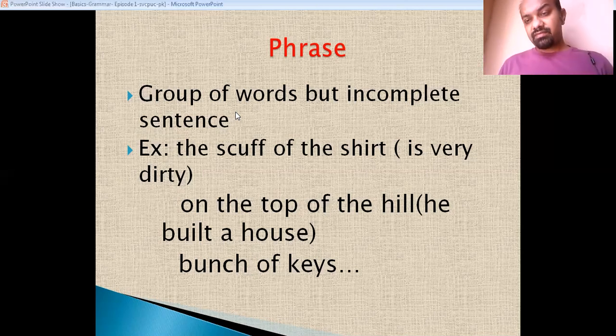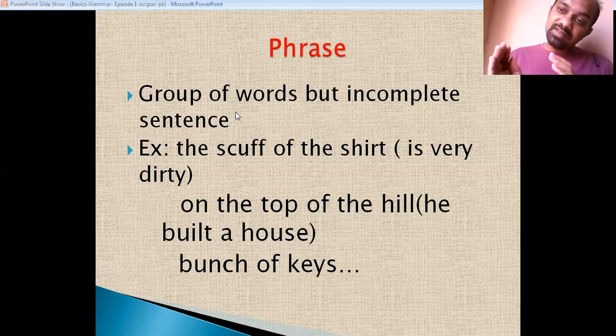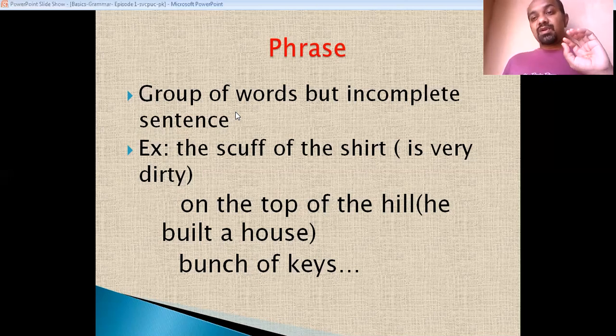Bunch of keys. What about the bunch of keys? It's again incomplete. A bunch of keys is found on the road. So it makes sense. So a phrase is a group of words, incomplete in meaning, but only a part of the sentence, not the sentence itself.